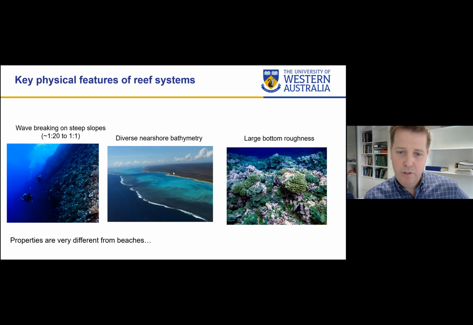We have often diverse near-shore bathymetries which can play an important role in wave-driven flows, like when we have channels in reefs. I won't really talk much about that. But also, the ecological communities in reefs create large roughness, and that plays an important role as waves and currents interact with that large roughness. We get drag forces that dissipate energy and attenuate flows. And so these are properties that are quite different from beaches.